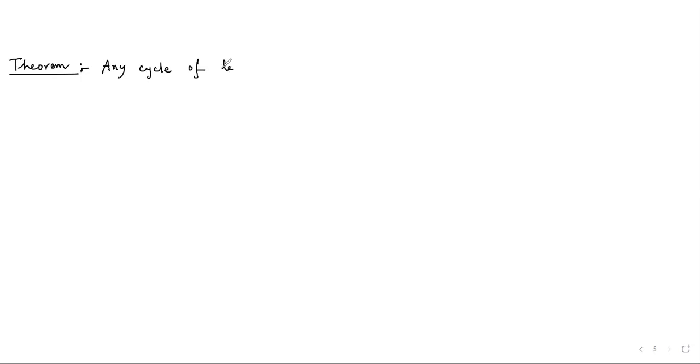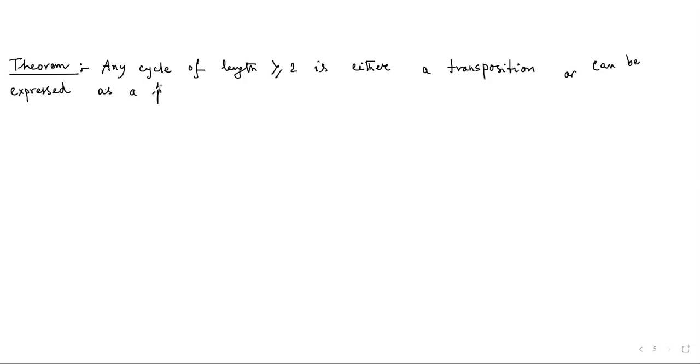Any cycle of length greater than or equal to 2 is either a transposition or can be expressed as a product of transpositions. This is one theorem.